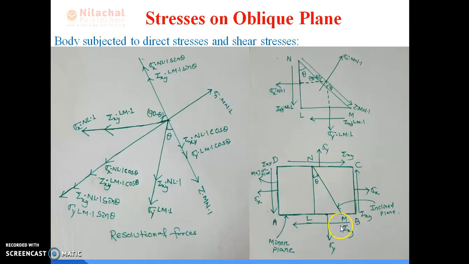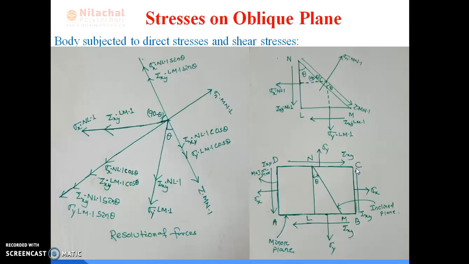These two shear stresses acting along the horizontal plane turn the body ABCD in the clockwise direction, while the two shear stresses along DA and BC turn the body in the anti-clockwise direction. For the equilibrium of the body, the clockwise moment of the shear stresses and the anti-clockwise moment of the shear stresses will be equal.